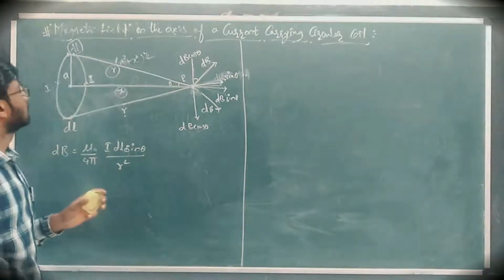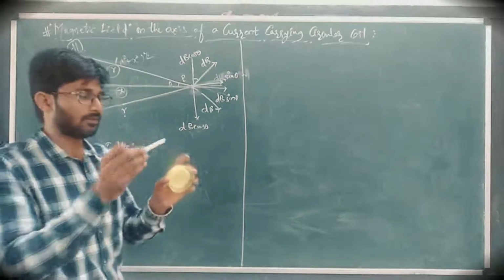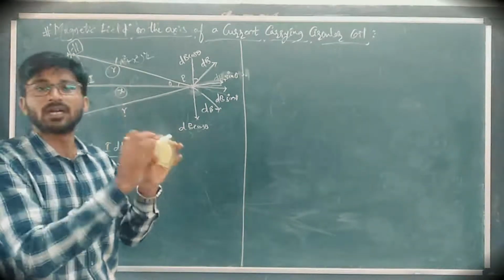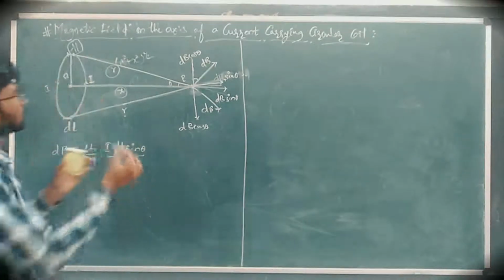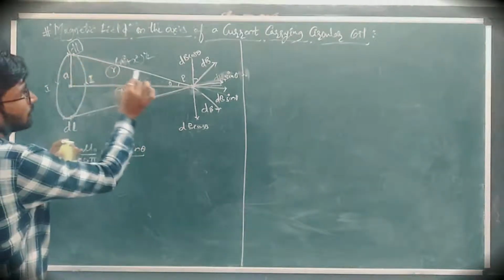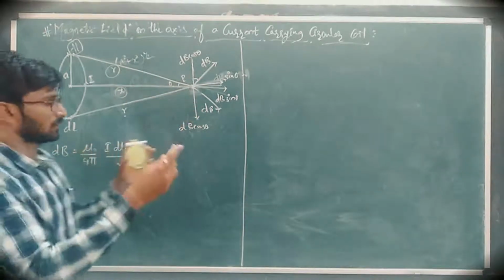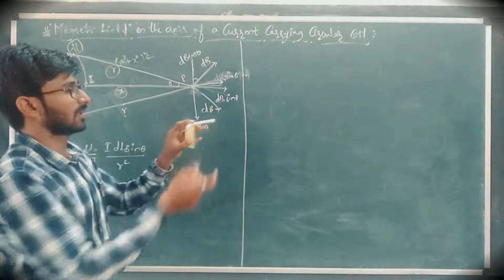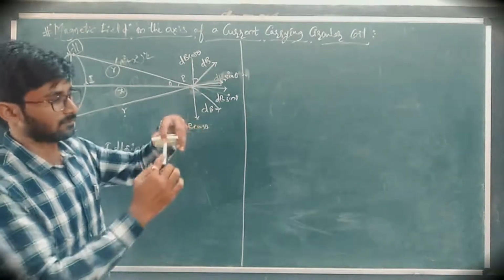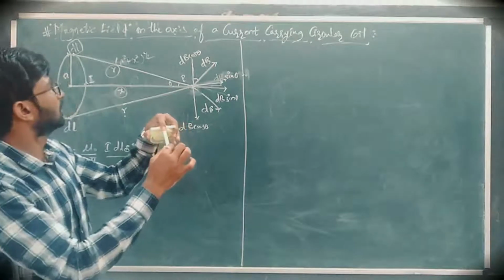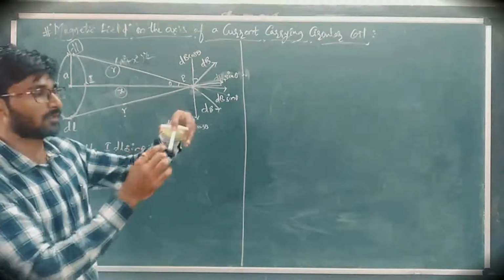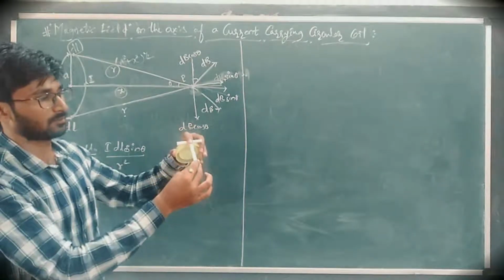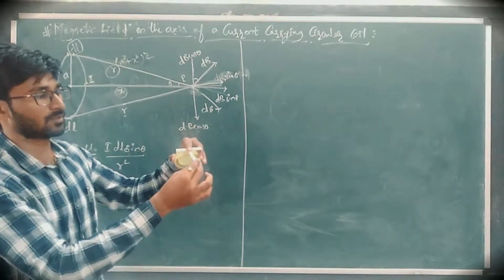Simply, we know the direction of dl: this is the circular coil, and this is the direction of dl. The direction of r is up to this point P, like this. Now, what is the angle between this r and dl? If you rotate like this, is there any change with respect to that angle?